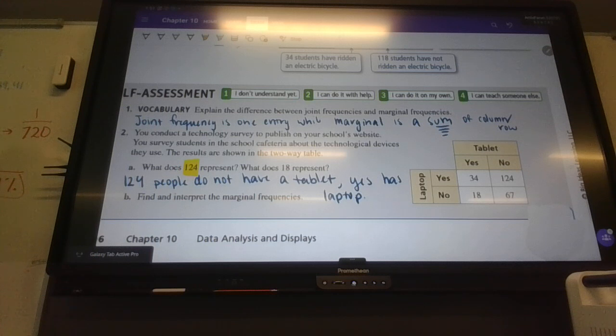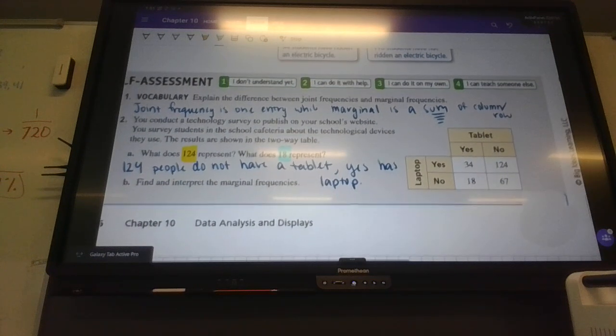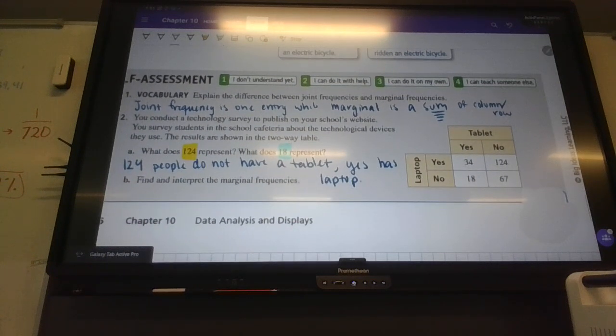Okay, now we have to do 18. So somebody else try the 18. I think that 18's no laptops. Oh wait, yeah, you're right. No laptops.